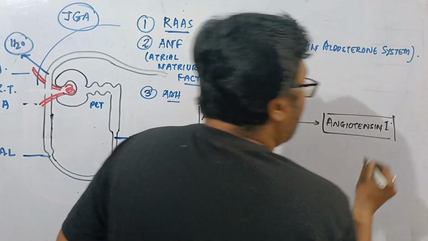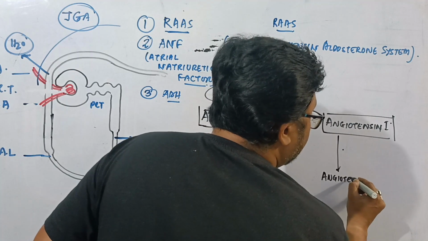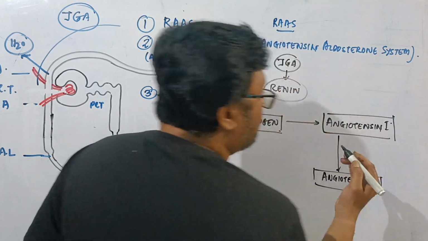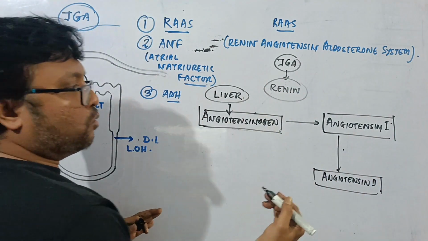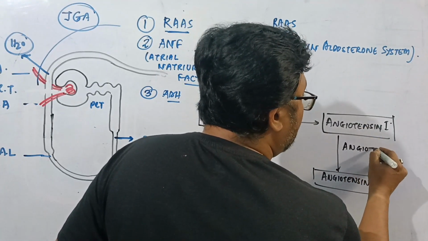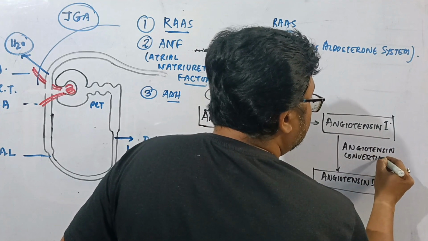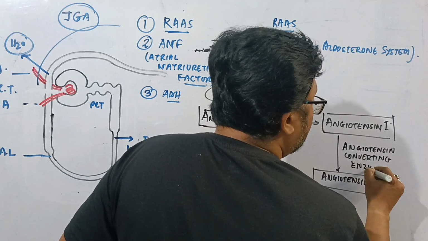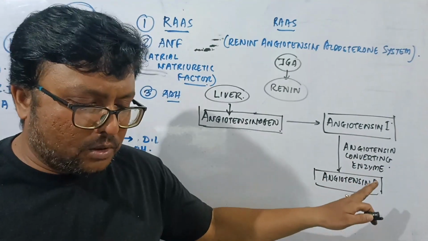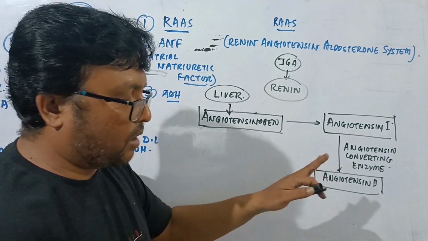Okay, and this angiotensinogen is converted into angiotensin 1. Now this angiotensin 1 is further converted into angiotensin 2, with the help of an enzyme known as angiotensin converting enzyme. This enzyme is generally formed in the lungs.